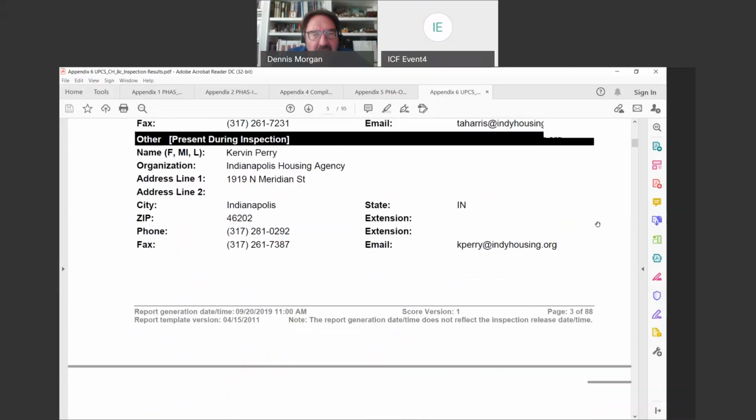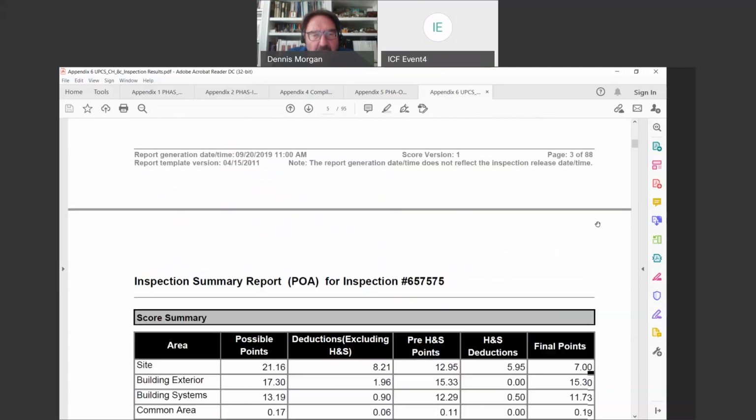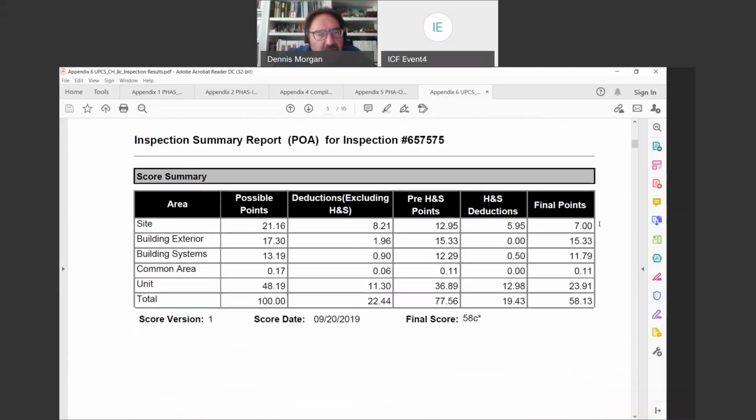Within the detail of the protocol, it's also telling me on this particular property, site is worth 21, building exterior worth 17, building systems worth 13, common areas worth 7.17, units worth 48.